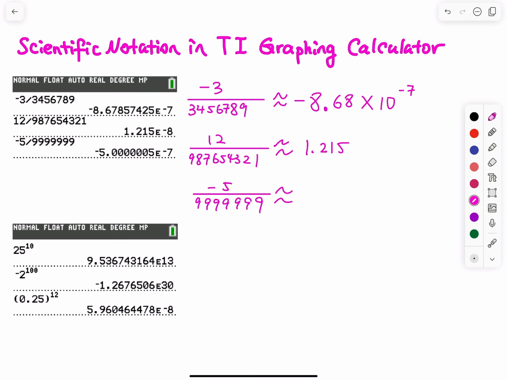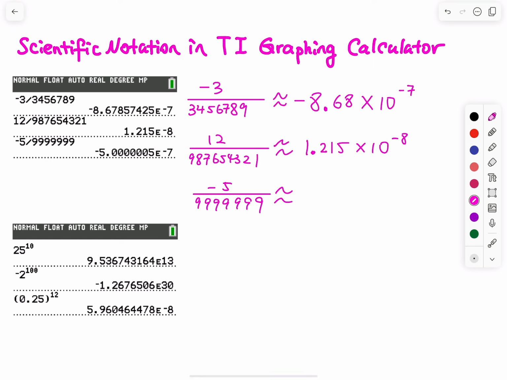Regarding 2, 3, or 4 decimal places, you have to read the problem. If you want to keep 2 decimal places, then that will be 1.22, and then times 10 to the -8. In standard notation, that means you have to move the decimal 8 steps to the left.